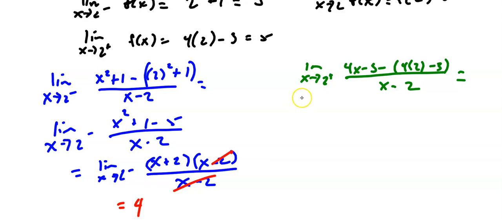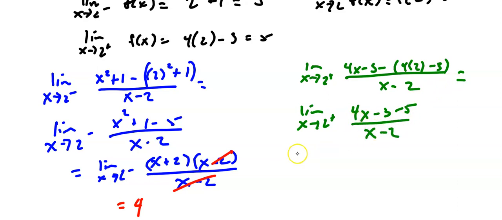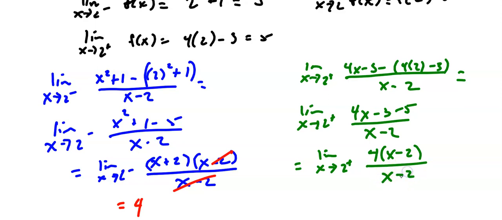Let's repeat for the right one. So I get the limit as x approaches 2 from the right of 4x minus 3 minus 5. 4 times 2 is 8, 8 minus 3 is 5, minus 5, over x minus 2. That means I'm going to get the limit as x approaches 2 from the right of 4x minus 8, or 4 times (x minus 2), over x minus 2.